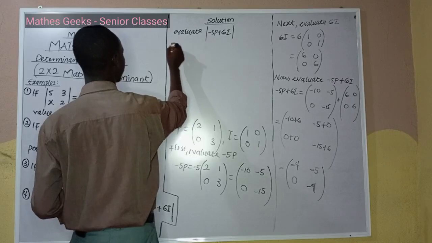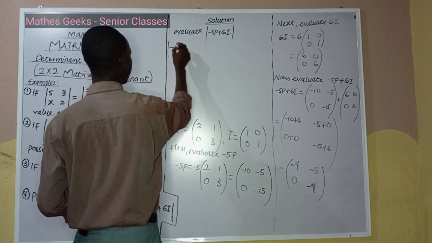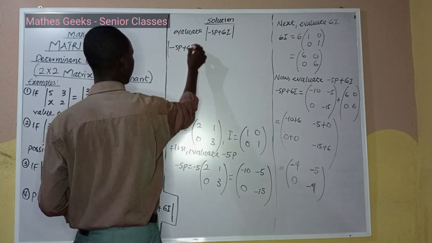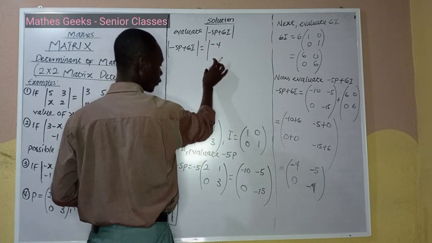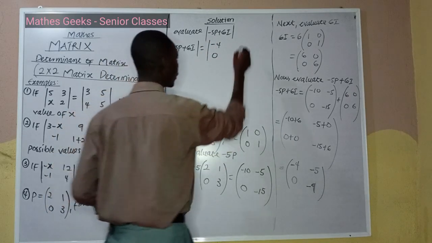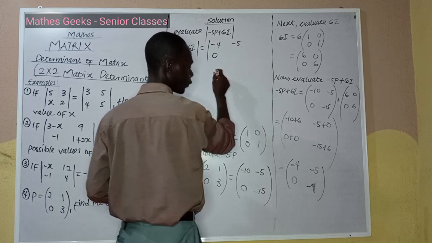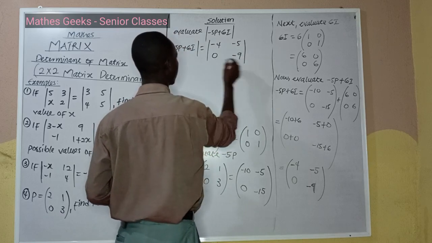So minus 5P plus 6I is equal to the matrix minus 4, 0, minus 5, and minus 9.